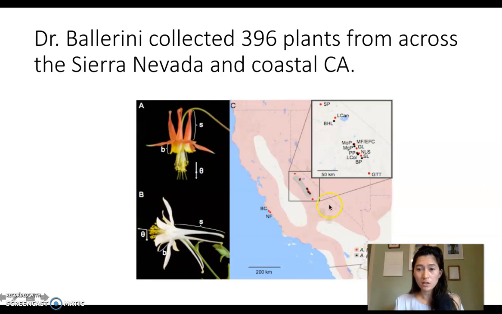But the red dots are all places where she collected a Formosa, and the black dots are where she collected a Pubescens. So overall, across these 9 different sampling sites, here's a zoomed in version here. That's where the data set we're working with came from. So you might see in some of the data files these abbreviations. Those abbreviations correspond to the different sampling sites.